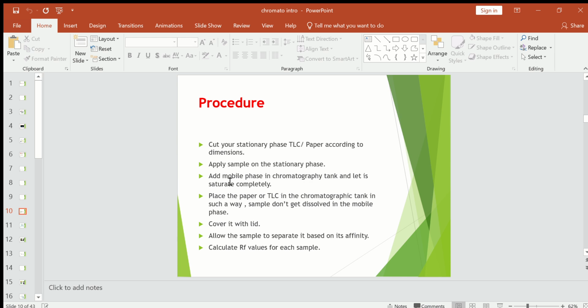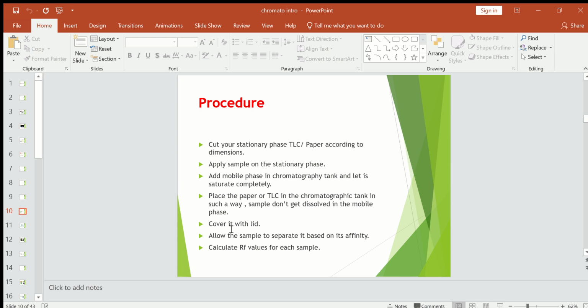You will put your selected mobile phase in the chromatographic tank, and allow the tank to saturate by covering it with its lid. After saturation, you will place your TLC or paper chromatography in the tank in such a way that the spot of the sample does not get dissolved into the mobile phase.